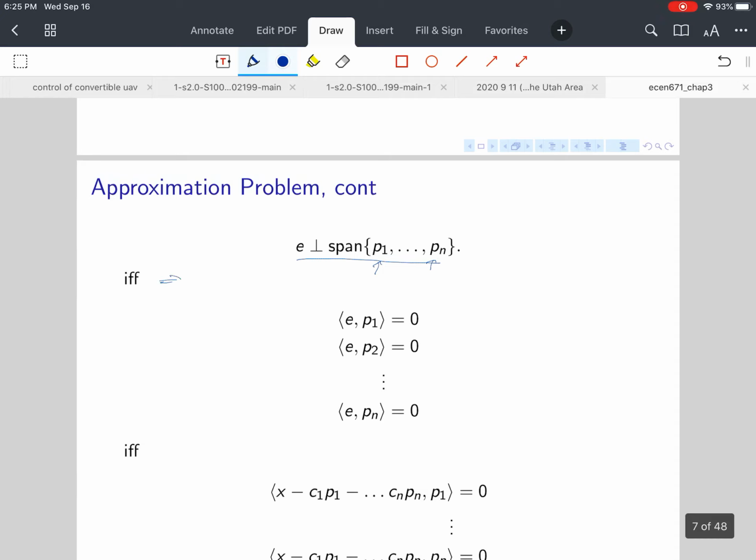So certainly we have this implication, because P1 through Pn are in the span.